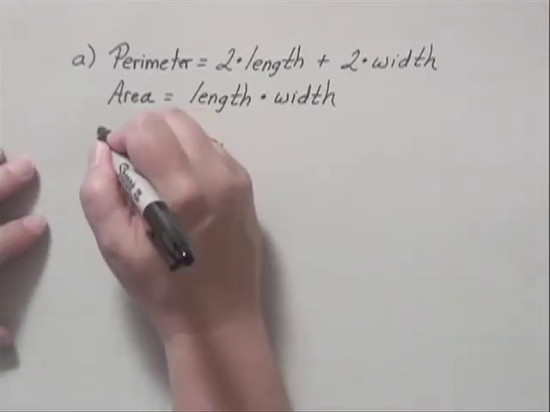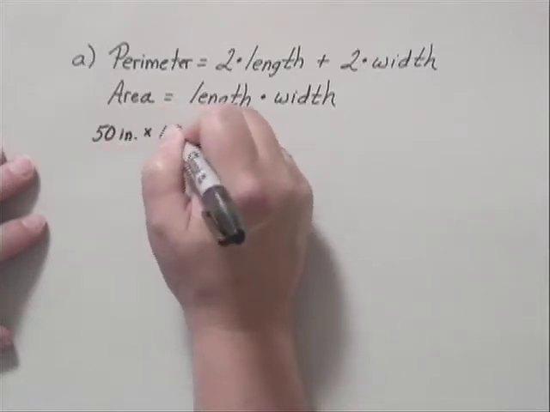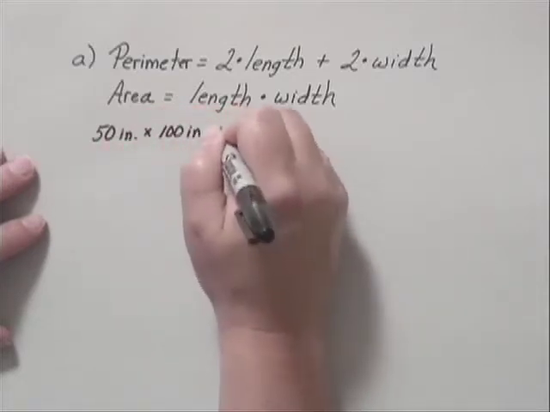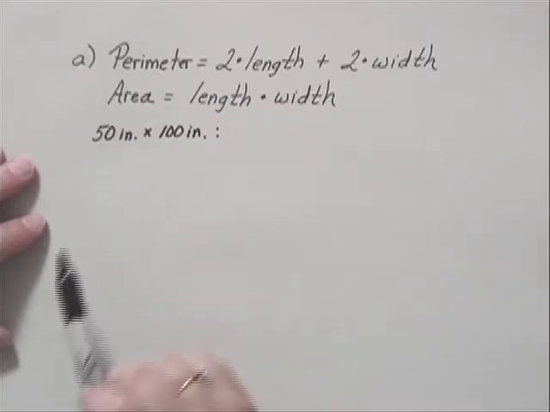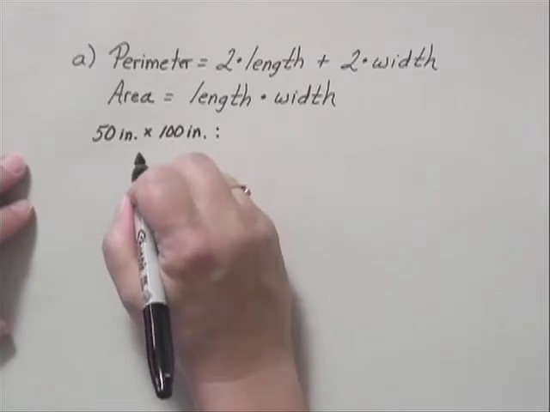So we'll start with the 50-inch by 100-inch table. And this symbol here means by in this abbreviation. And we start by finding the perimeter.